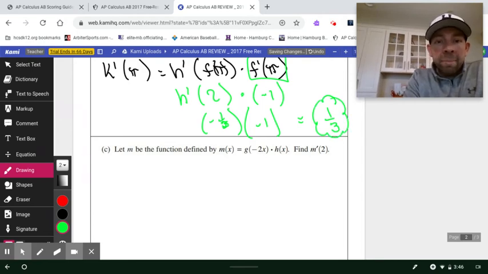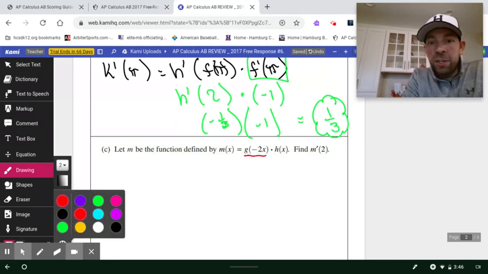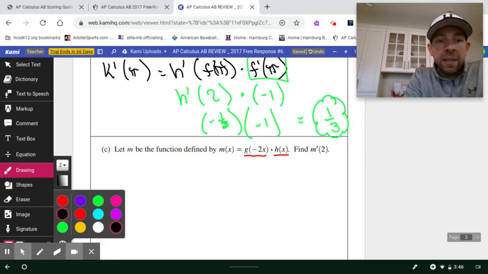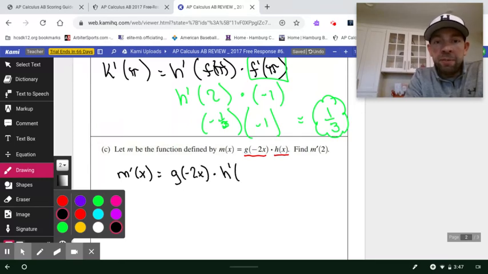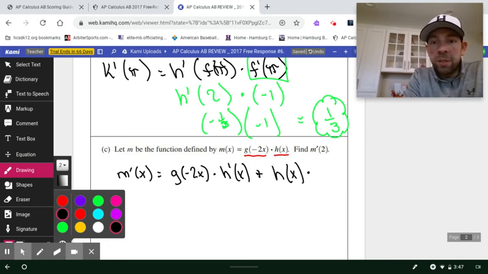Okay, M is defined as the product. The product. We've got g of 2x multiplied by h of x. So let's say the derivative of M using the product rule is going to be the first function multiplied by the derivative of the second function plus the second function multiplied by the derivative of the first function.